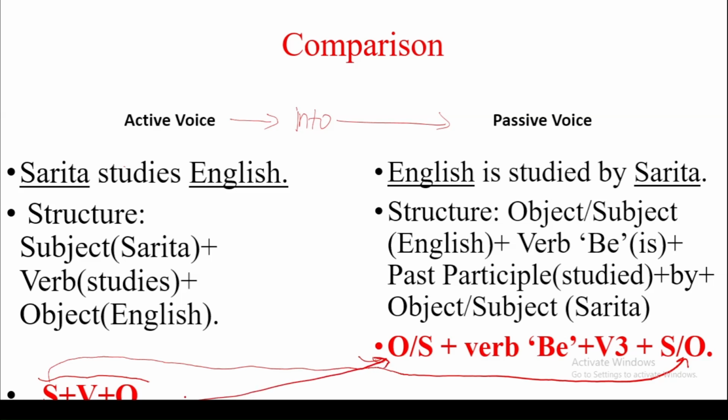It means first we put the object of the active sentence as the subject in passive, like Sarita and English. Sarita is the subject of the active sentence, and English is the object here. So first of all we put the object as the subject. So this object, English, is written as the subject in passive. Then we add verb be according to the tense and aspect of the active sentence.